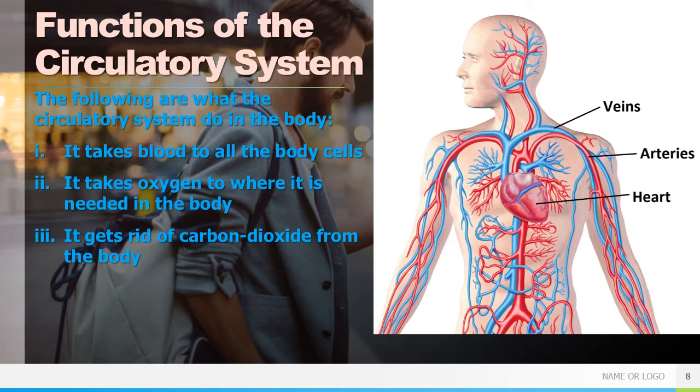The third one there says it gets rid of carbon dioxide from the body. The ones that we don't need, that is the meaning of get rid, to remove it. Those ones that we don't need again in the body, it helps us to take it away.